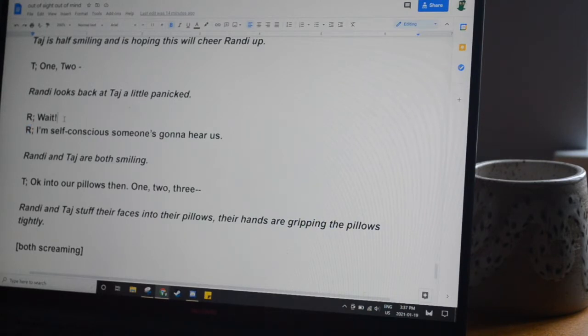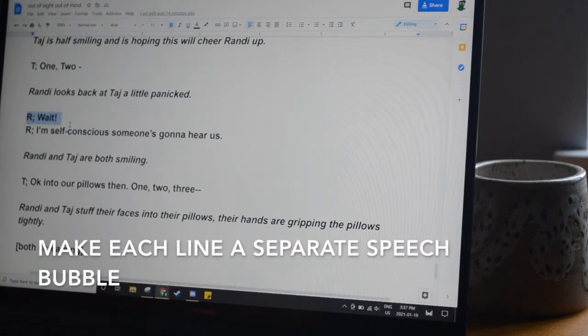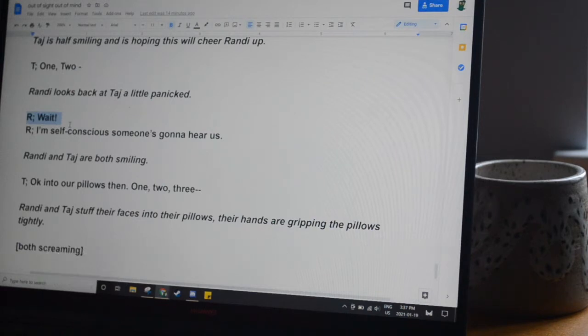You don't have to do this, but I find that when I write out a pause like that, it makes me read it slower, so that when I draw it into a comic, I'll know that this part where she says wait, maybe I want it to be a separate speech bubble, or it's a moment that had a little bit more time before she started talking again.